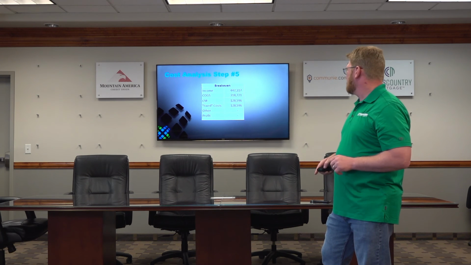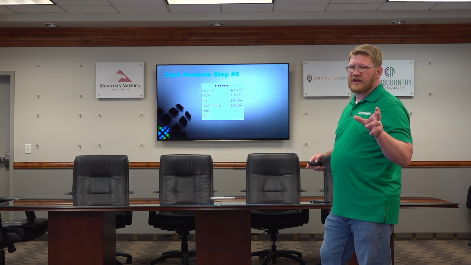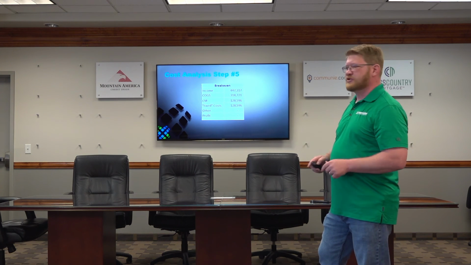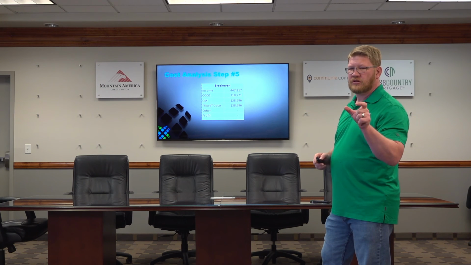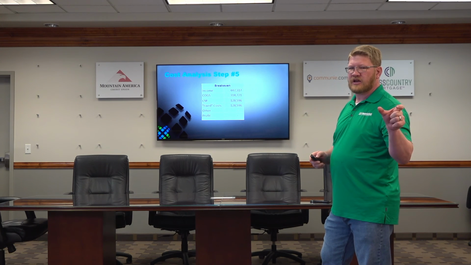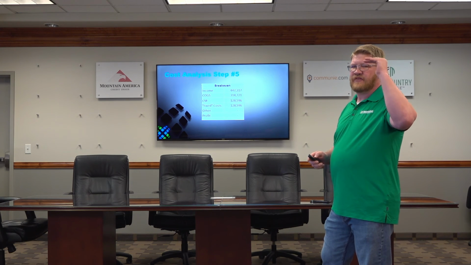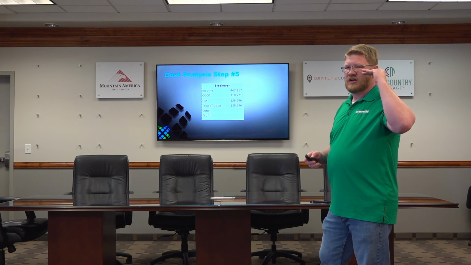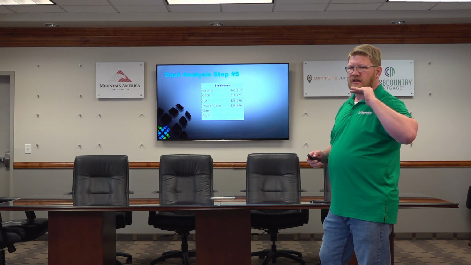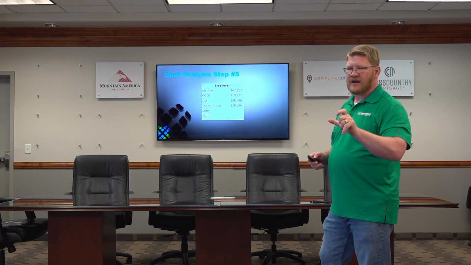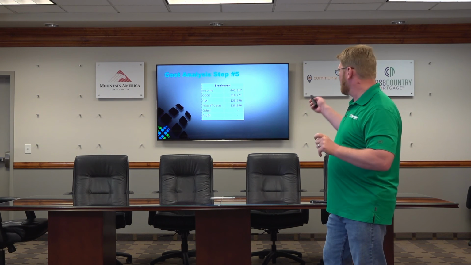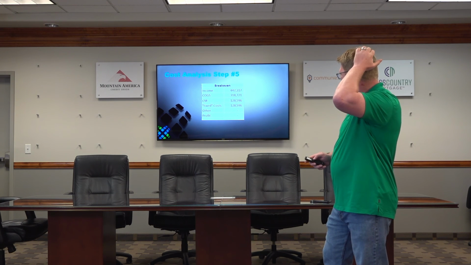Okay? So the very first thing we plug in here is the contribution margin. It's that total from the earlier slide that we were talking about. We're going to add up the total of our fixed costs, our other costs, and our profit. And that number goes right there on contribution margin.